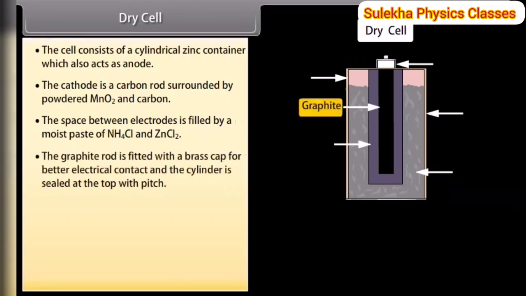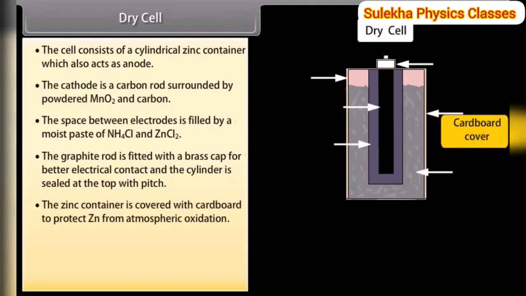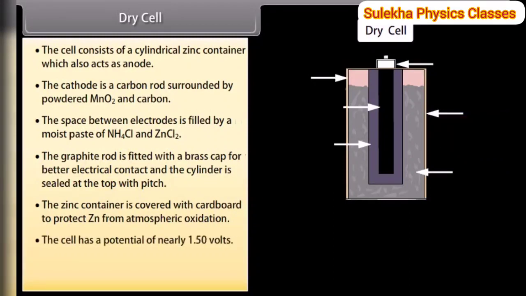The graphite rod is fitted with a brass cap for better electrical contact, and the cylinder is sealed at the top with pitch. The zinc container is covered with cardboard to protect Zn from atmospheric oxidation. The cell has a potential of nearly 1.50 volts. Dry cells find extensive use in torches, transistors, radios, clocks, etc.